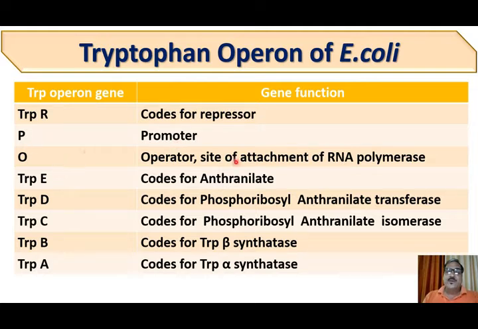O is the operator, which is the site of attachment of the repressor. trpE codes for the enzyme anthranilate synthase. trpD codes for phosphoribosyl anthranilate transferase. The trpC gene codes for phosphoribosyl anthranilate isomerase. trpB codes for tryptophan beta synthetase, and trpA codes for tryptophan alpha synthetase.